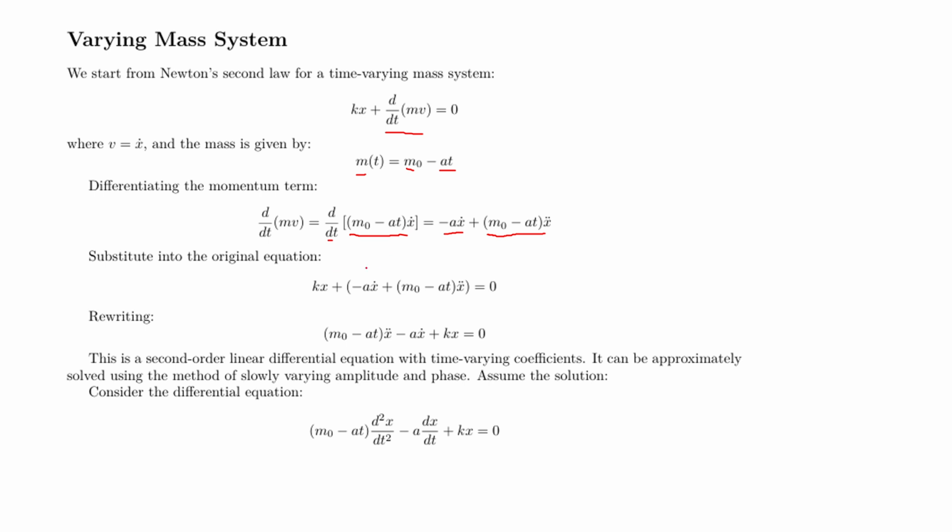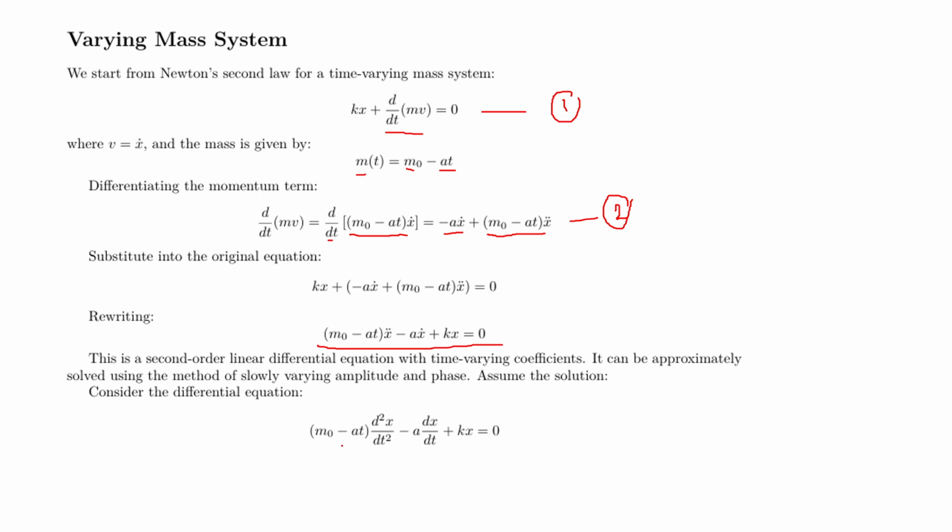I am writing this as equation 2, and the earlier one as equation 1. Substituting the value of 2 in 1, we finally get kx minus a x dot plus (m0 minus at) x double dot equals 0. After rearranging, this is our final equation: (m0 minus at) x double dot minus a x dot plus kx equals 0.